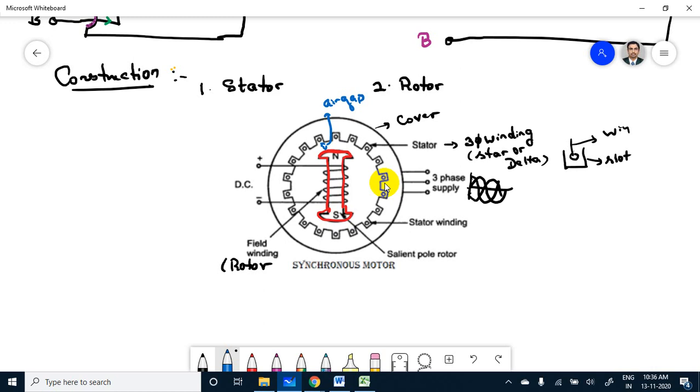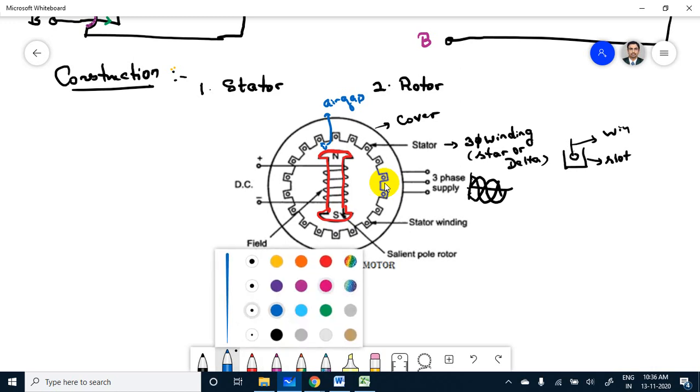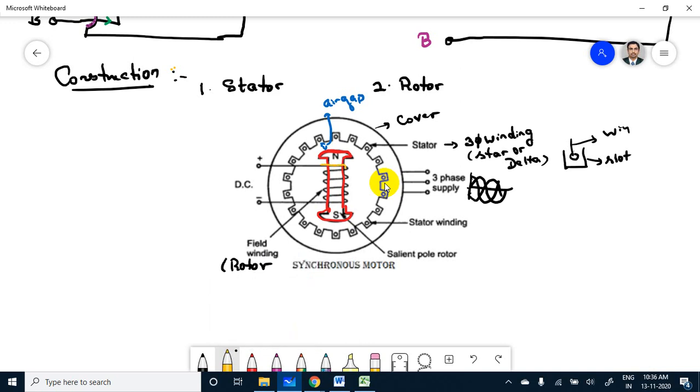Understand or not? So here the rotor is connected to the field winding. This winding you see here is the field winding, which is connected with a DC excitation, a DC supply, maybe 10 volt or 5 volt we have to give.